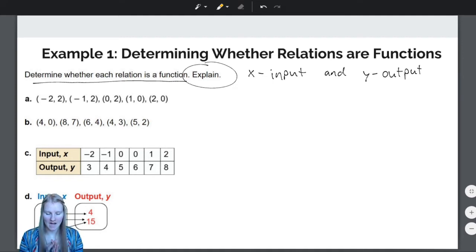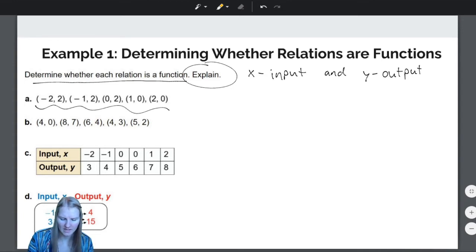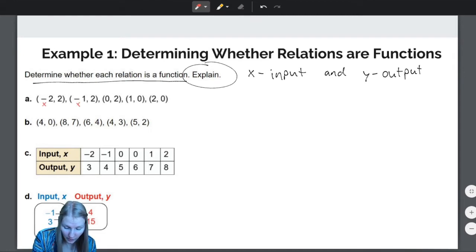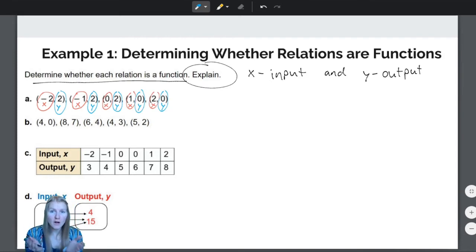Okay, now, the easiest way to do these problems for me is I have a hard time separating. I know that the x-coordinate comes first. So in all of these points, I know the first number is the x-coordinate, and the second number is the y-coordinate. I know that, but what does that mean in terms of a function?